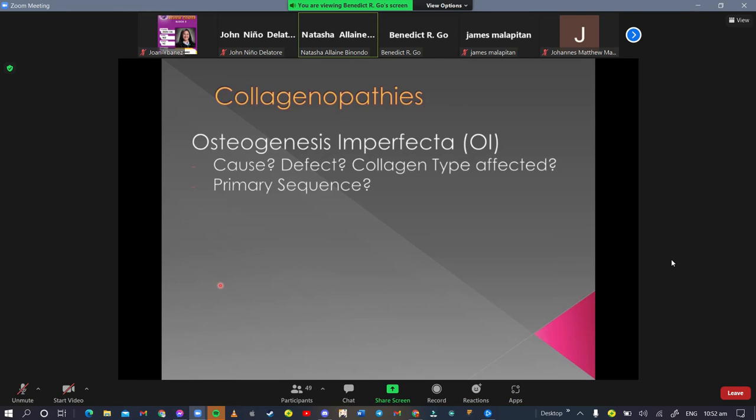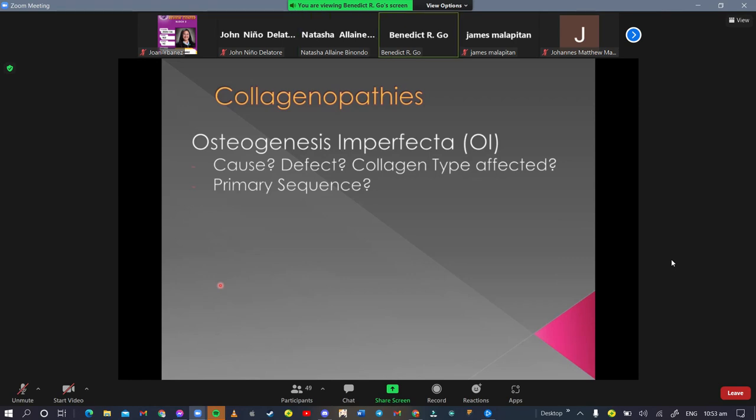The defect is in collagen type 1. Is it an enzyme problem or is it a gene mutation? Gene mutation. Okay. So you'll find gene mutation in the Col1A1 causing defects in the type 1 collagen.